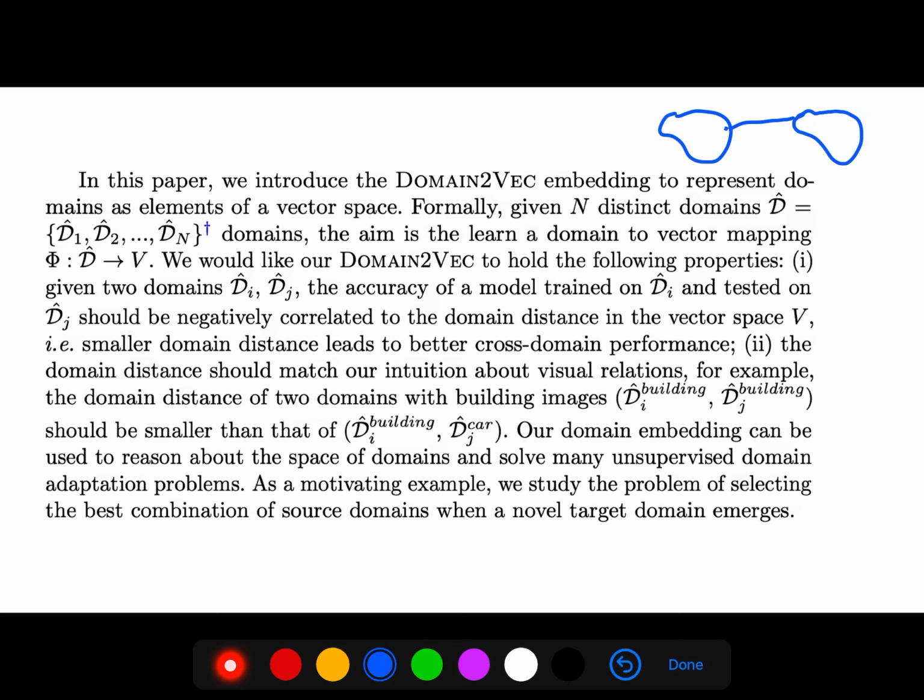So our domain embedding can be used to reason about the space of domains and solve many unsupervised domain adaptation problems. As a motivating example, we studied the problem of selecting the best combination of source domains when a novel target domain emerges.